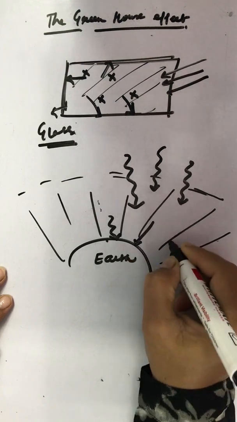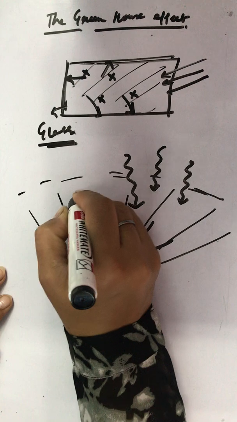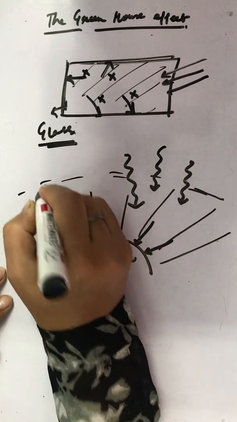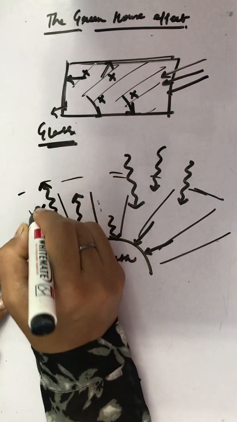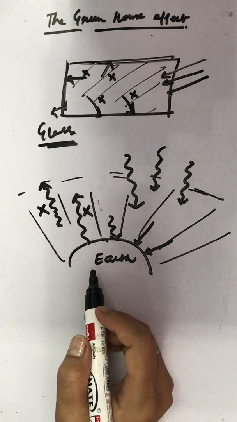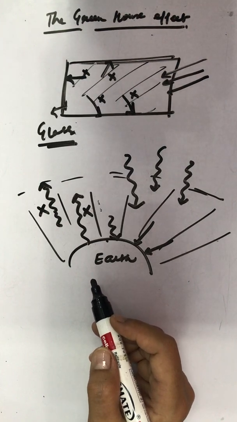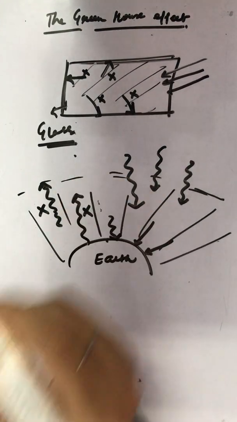However, it prevents the longer radiations to move back. Now, these are not allowed. These IR radiations, that means the long wave infrared radiations, are not allowed to escape into the outer space.